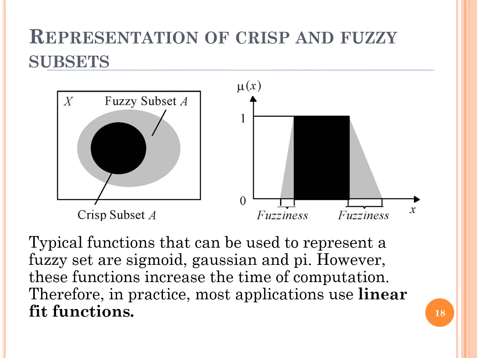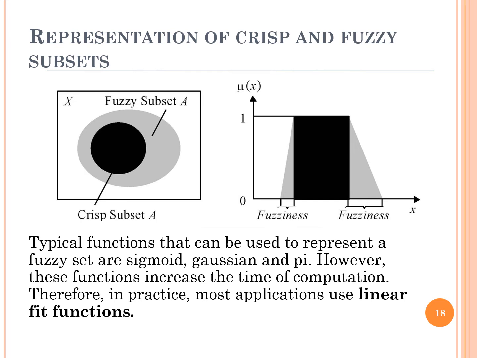Alright, typical functions that can be used to represent a fuzzy set are sigmoid, Gaussian, or pi, however these functions increase the time of the computation.